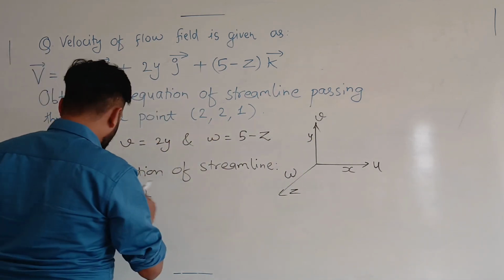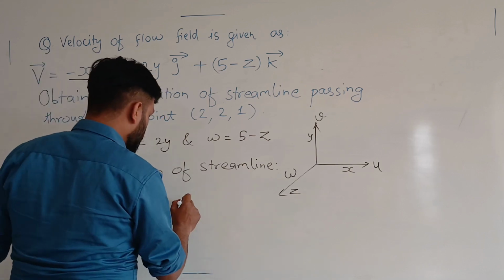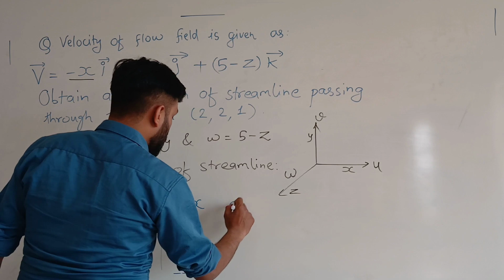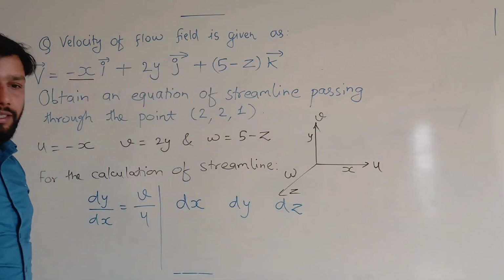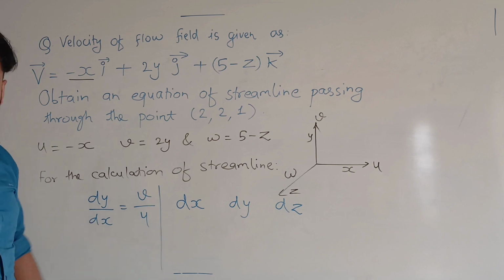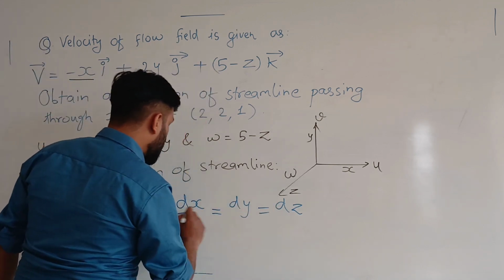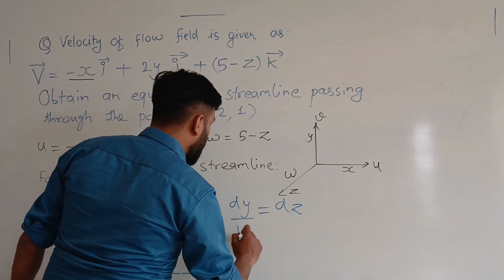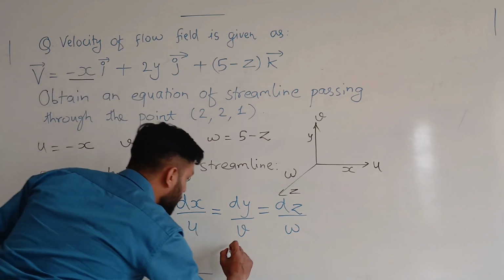You are not going to solve using the two-dimensional equation, but you have to write dx, dy and dz first, and then equal them, divided by u, divided by v and divided by w. This is written like this for a three-dimensional system.